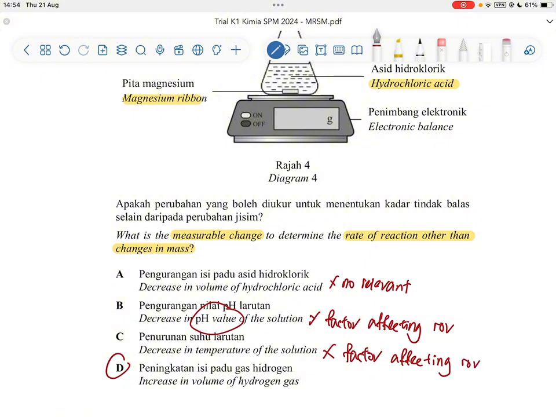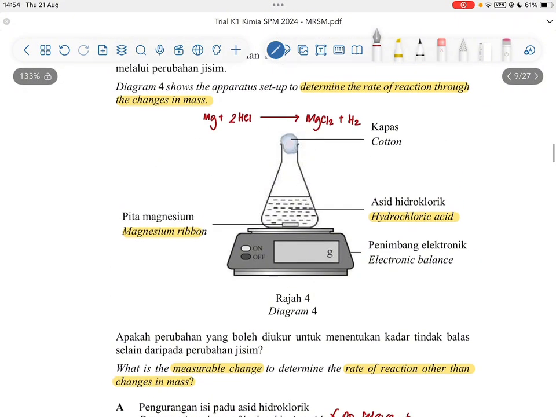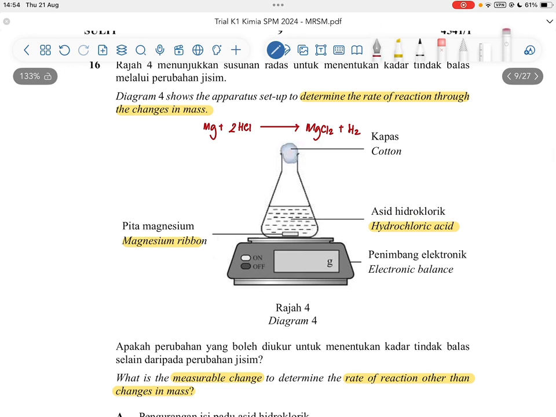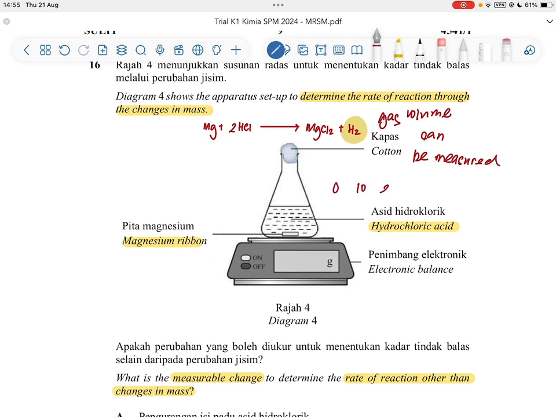So the answer will be D, which is increase in the volume of hydrogen gas. The reason why is because here is the equation I write. Magnesium plus hydrochloric acid produces magnesium chloride and hydrogen gas. So this is actually a gas. So you can measure the volume of the gas to determine the rate of reaction. For example, you get 0 at first, and then you get 10, 20, 30, and then 40.